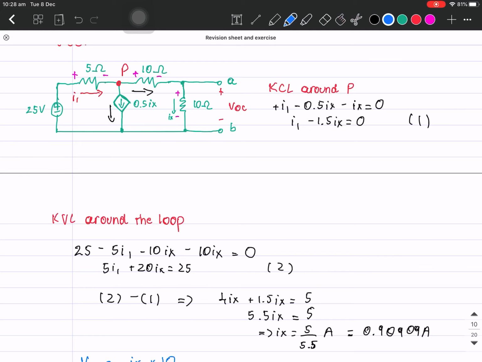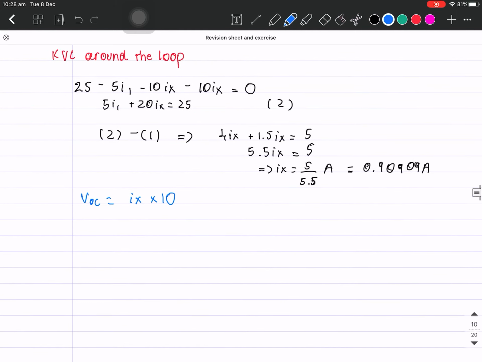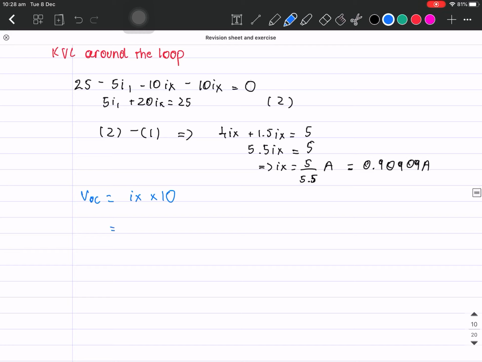And that should give us 5 over 5.5, oh sorry, multiplied by 10. And that should give me around 9.090 volt.